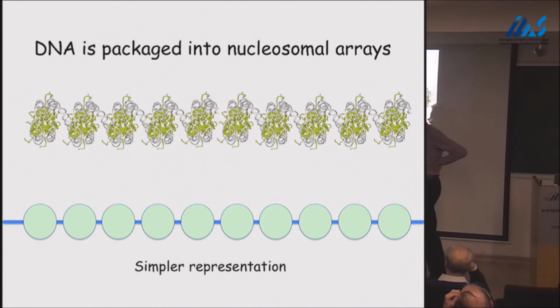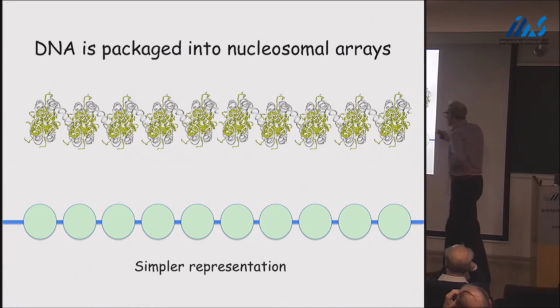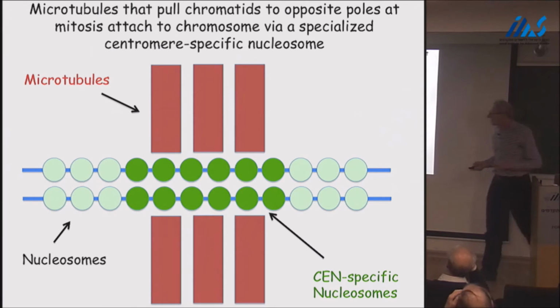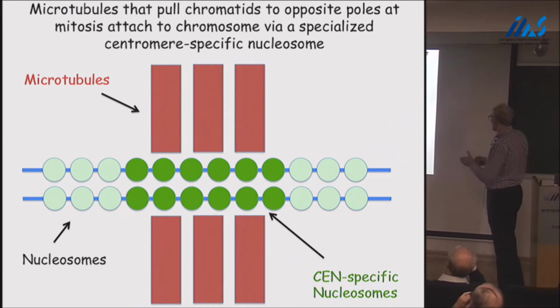Now, loading sites. Everybody knows this is how our chromatin is packaged inside the cell, except at this very specific place, which is at kinetochores, where you have this centromere-specific histone CENP-A nucleosomes. Now, in most organisms, you have multiple CENP-A nucleosomes and multiple microtubules.